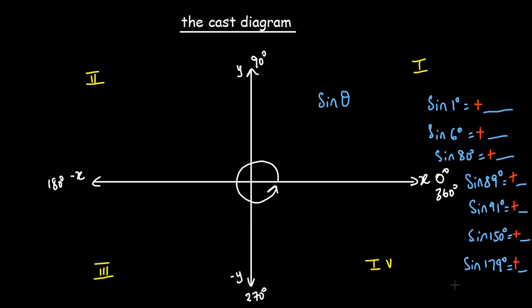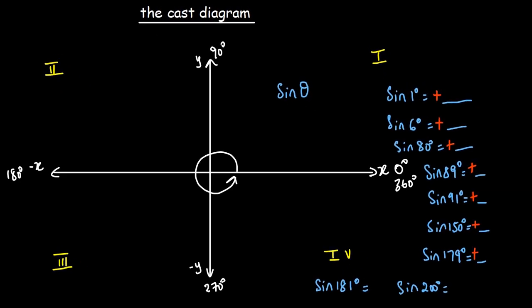Now say sine 181 degrees. Positive or negative? Also put sine maybe 200 degrees, and then also put sine 269 degrees. Great, we get negative.